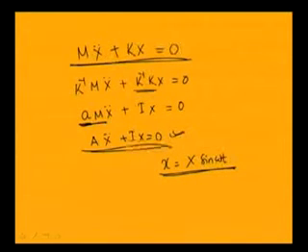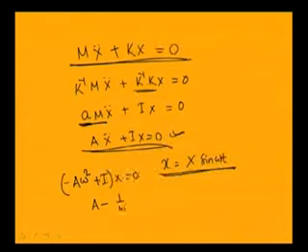So I can write this equation as (A minus 1 by omega square I) x equal to 0, or this equation can be written as (A minus lambda I) x equal to 0.